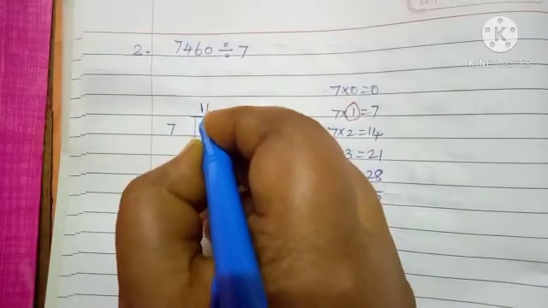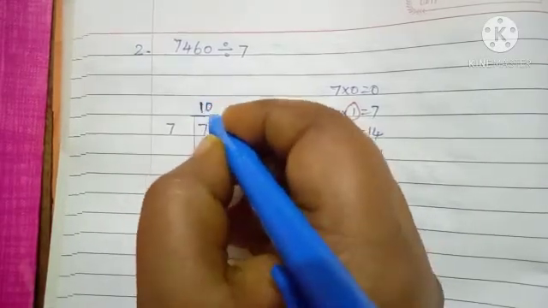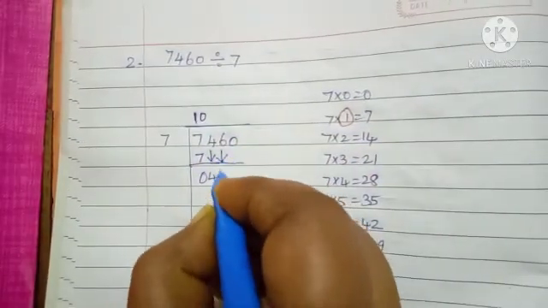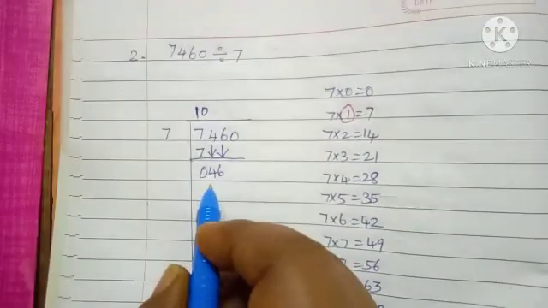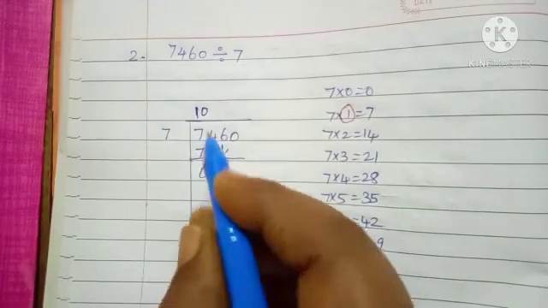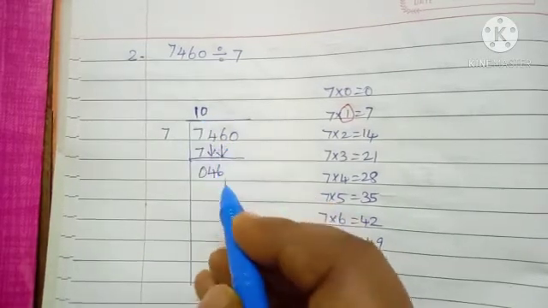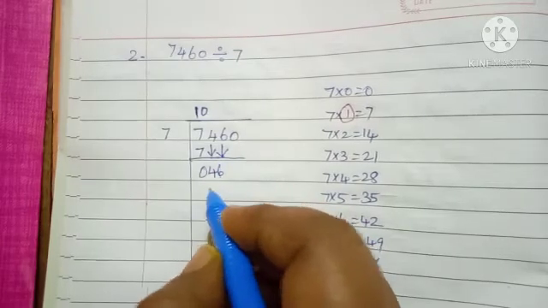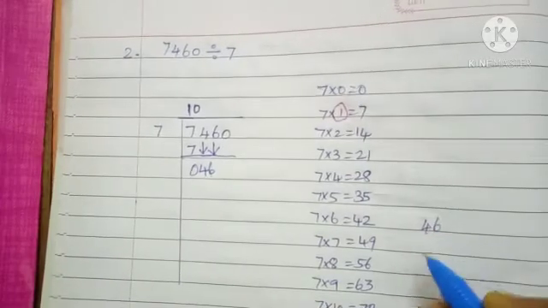So you write 0 added to the quotient. Then take out the next number 6. This number is also smaller, not possible. That time you add 0 to the quotient. Then take the next one number, 6. Now 46. 46 is coming in this table?